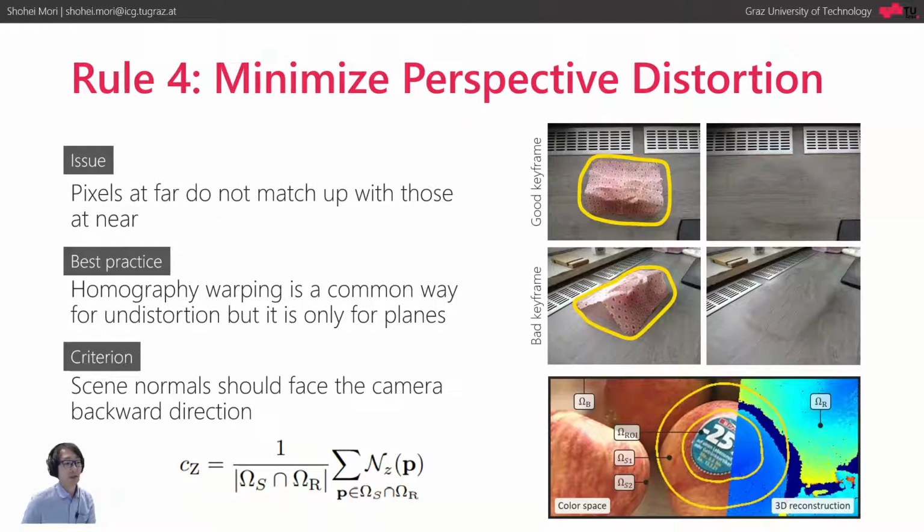Therefore, in 3D inpainting systems, it might work counterintuitively, but it actually does, as I will show you in our experimental results later. One may warp the image so that planes are rectified. However, this applies only to near plane scenes. We evaluate how many normal vectors face towards the camera backwards direction.